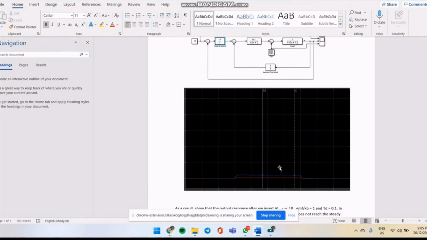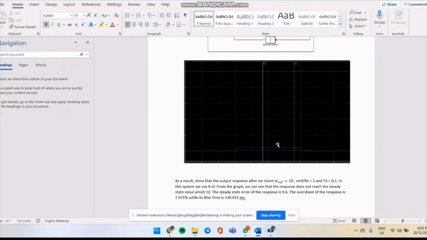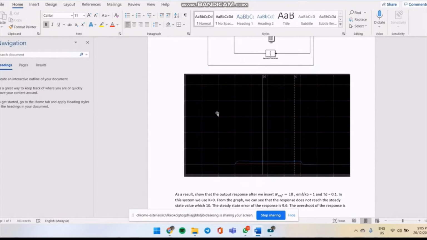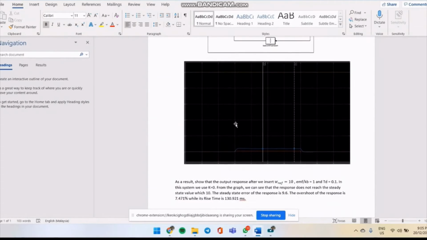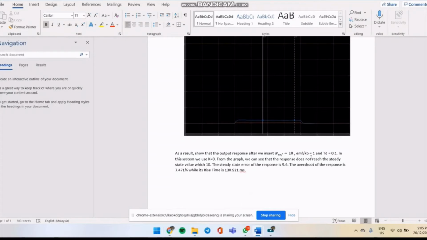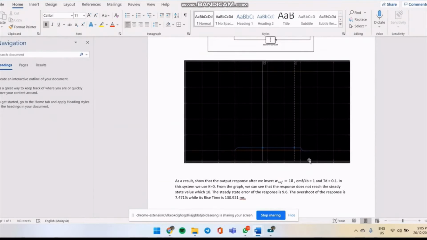The graph for K equal to 0 is this, and as a result, it shows the output response after we insert WREF 10, back EMF 1 and TD 0.1.